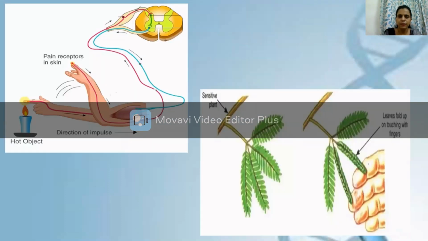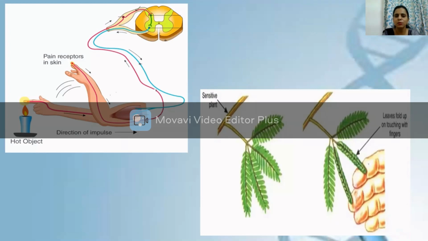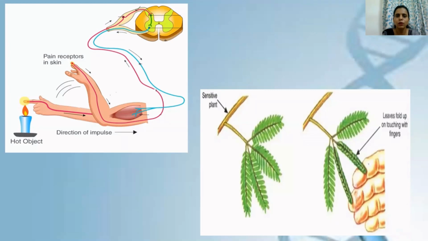I'll show you one example. On the left side of the screen, you can see, this person by mistake has touched the hot object. So the moment the person has touched the hot object like this, immediately the person has removed his fingers. So here what was the stimuli? Hot object was the stimuli, because there was a change in temperature around his fingers. Hot object was the stimuli, and what was the appropriate response? The person has immediately removed his finger.